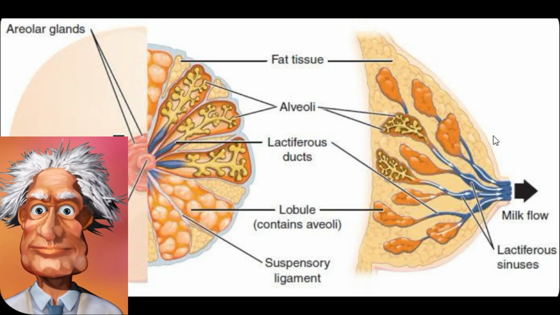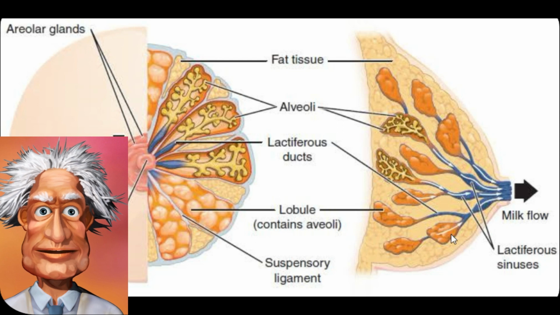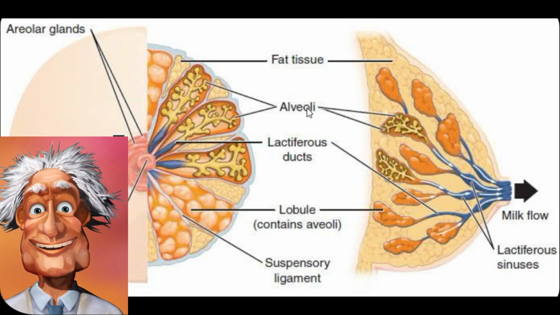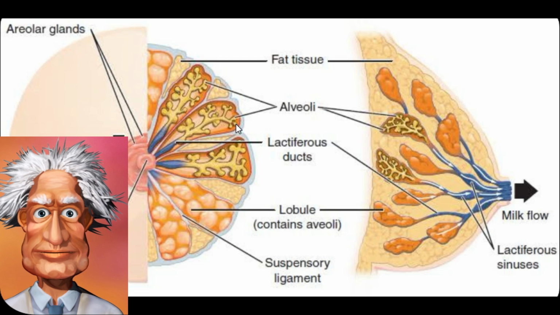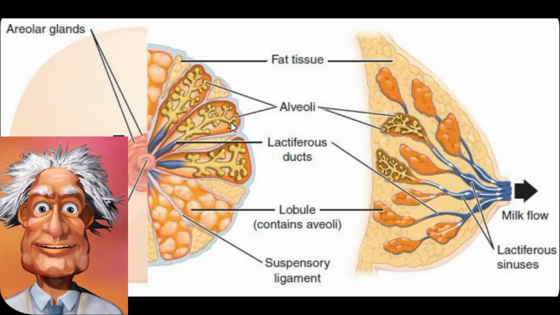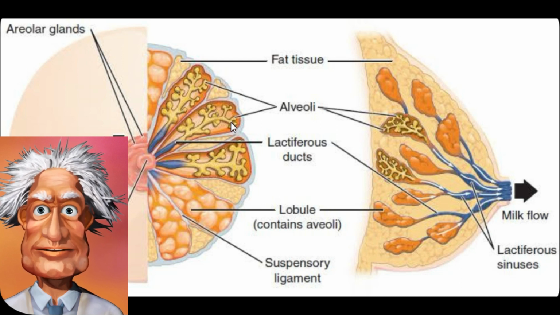So mammary glands have glandular tissue which is composed of lobules, which contain clusters of cells called alveoli, which produce and secrete milk. The milk produced by alveoli is stored in the cavity of the alveoli, the space between alveolar cells, which is called the lumen. The milk produced by alveoli is stored in the lumen.